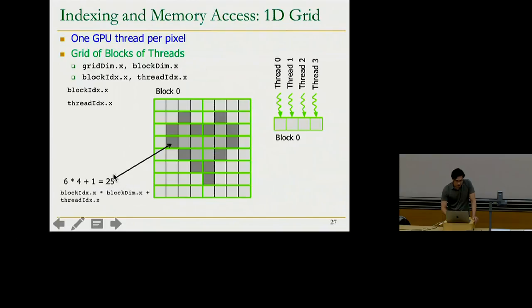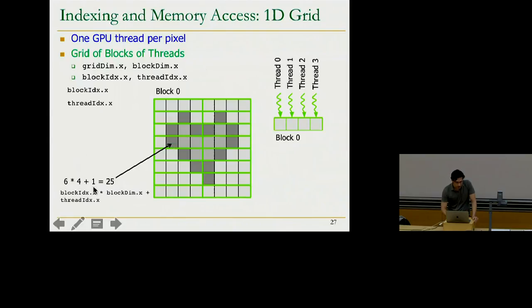So for example, this pixel here is going to be assigned to global thread ID 25. If you count the thread blocks, this is block 0, block 1, block 2, 3, 4, 5, 6. So blockIdx.x is equal to 6 times 4, which is the total number of threads in the block, plus 1, because within this thread block, thread 0 is going to work here, and thread 1 is going to work here.